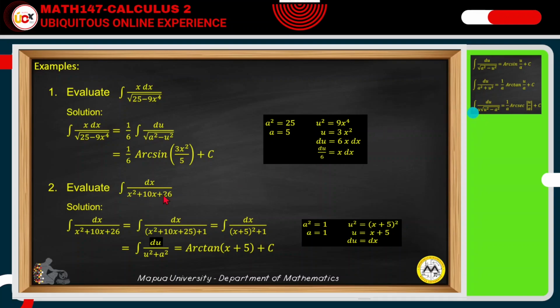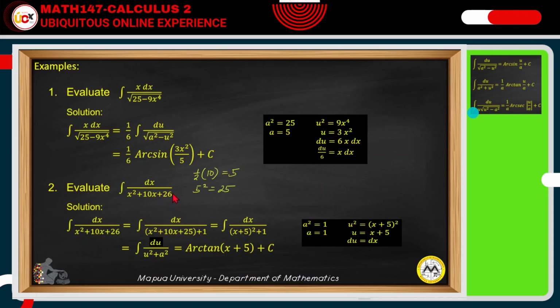So to transform the denominator into the form of a squared plus u squared, we have to transform this to a perfect square trinomial plus a constant. And to do that, you get half of the x coefficient. So 1 half of 10, that's 5. And then you take the square of 5, so you get 25.